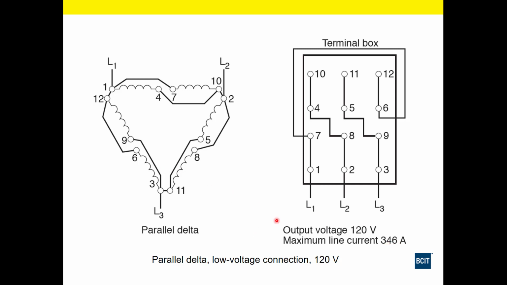It doubled, because the maximum current we can get when these were at the high voltage connection was 100 amps through each winding, and our line current was 172. Now we parallel them, because the maximum we can put through each coil is that amount, and we can double it to 346.